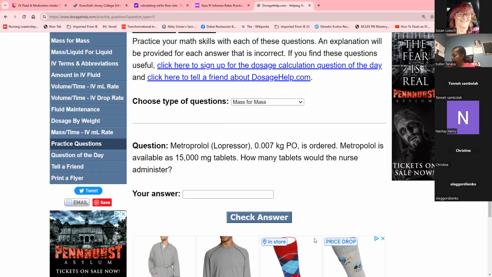Let's see. 7 gram. And then 7,000 milligram. 2.1.